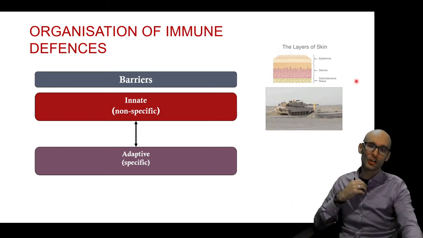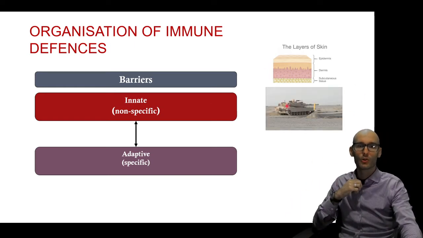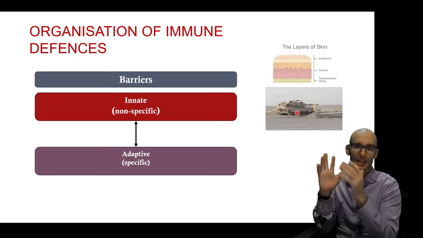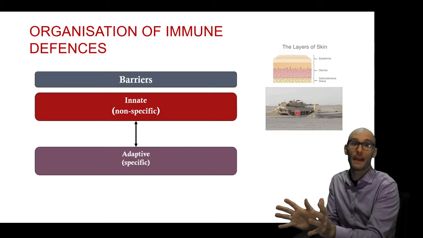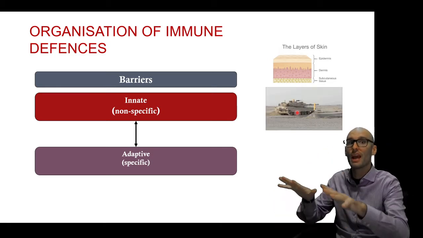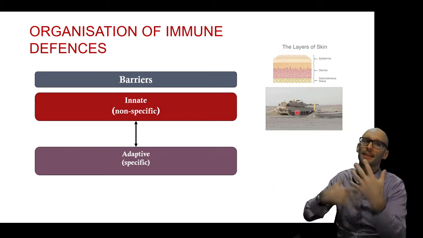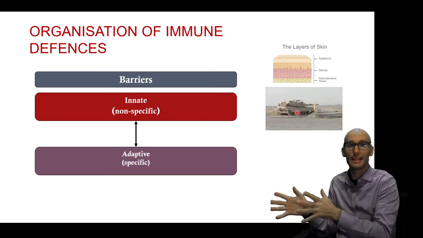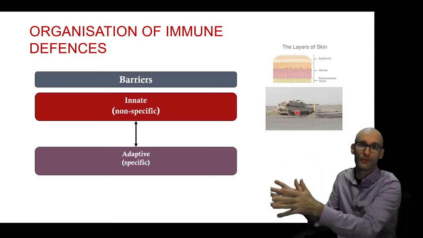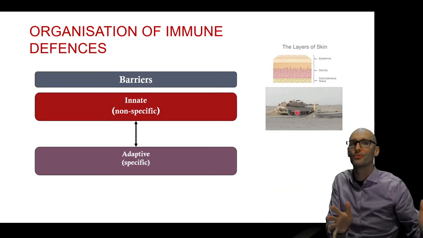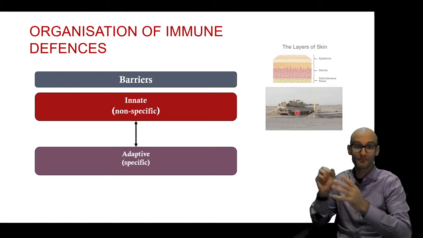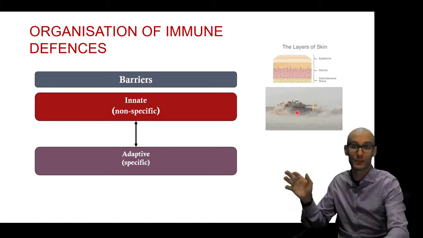I think a good analogy is the army or a tank, because it uses crude mechanisms to kill the incoming pathogen, but the mechanisms are so crude that they cause collateral damage. An example is neutrophils produce bleach, and bleach kills the bacteria or the fungi or the virus, but it also kills our host cells, because our host cells can't handle being exposed to bleach. So the innate immune system is non-specific.